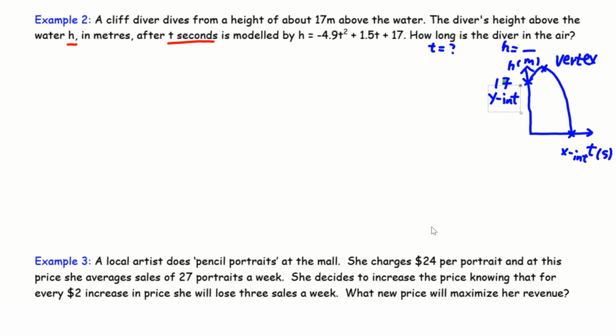So this one asks for the t value while the diver is in the air. So here is the water. In the air means from when the diver dives until they hit the water. So it will be finding this point. This is the x-intercept, and at this point, the height is 0.